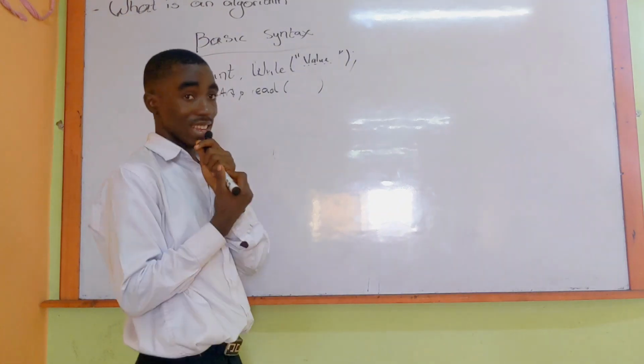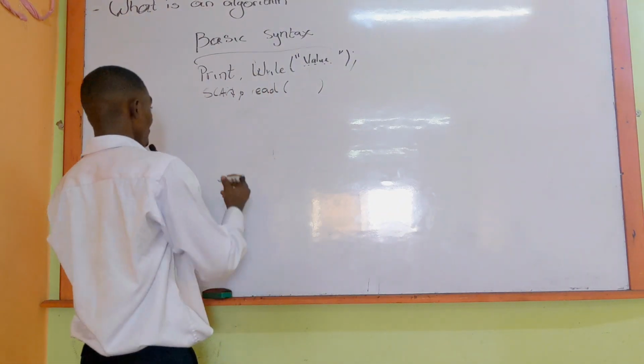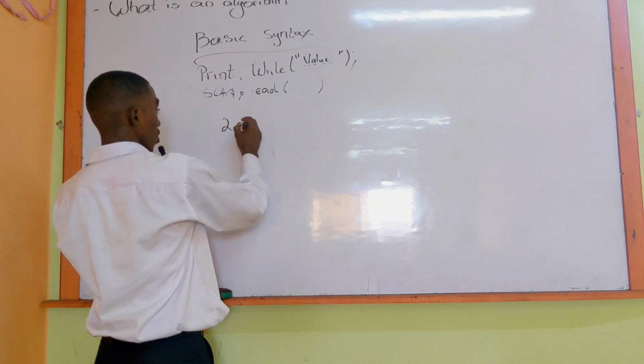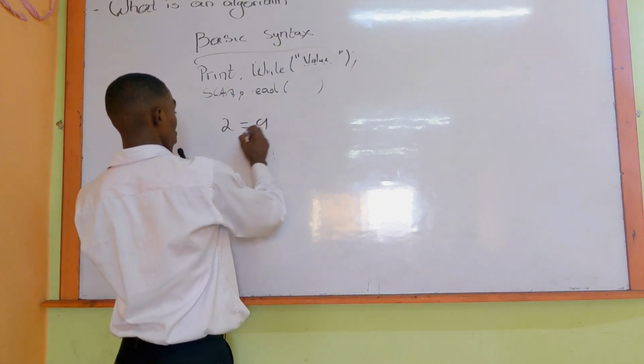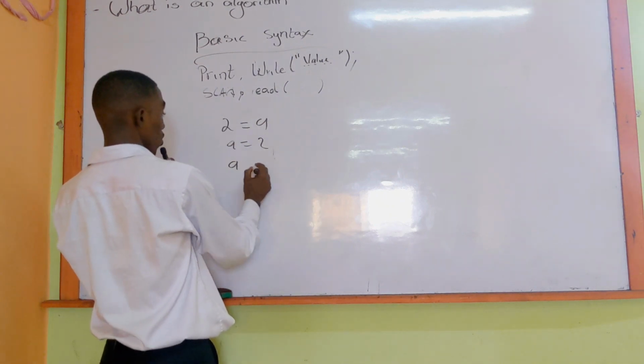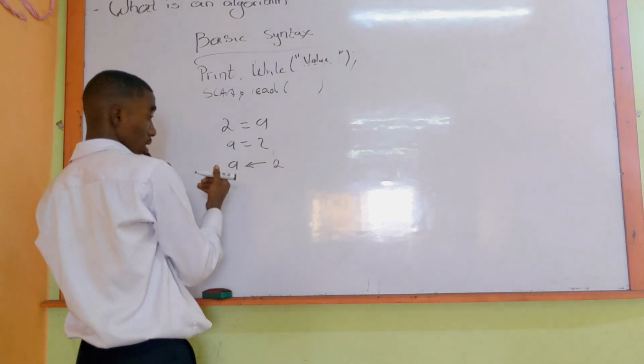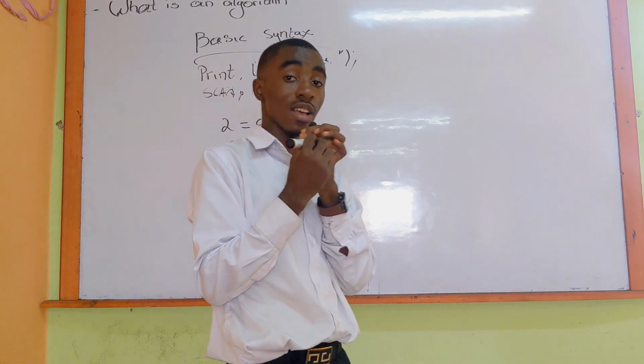And the only thing left here is assigning. When you have to assign something, like a is equal to 2, if you are doing math, in an algorithm you use an arrow to assign 2 to a. So that's just the basics.